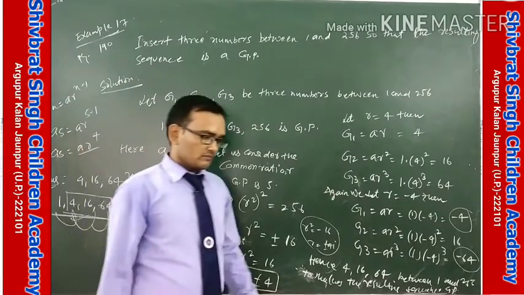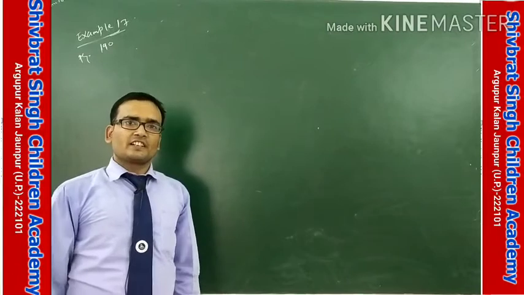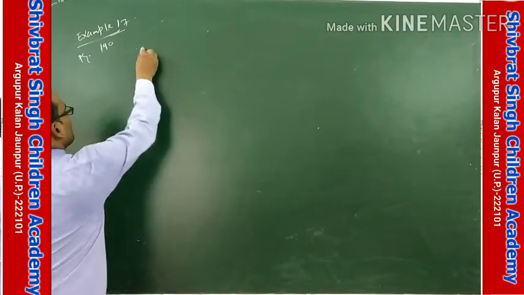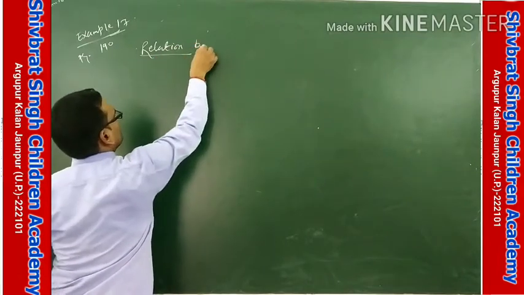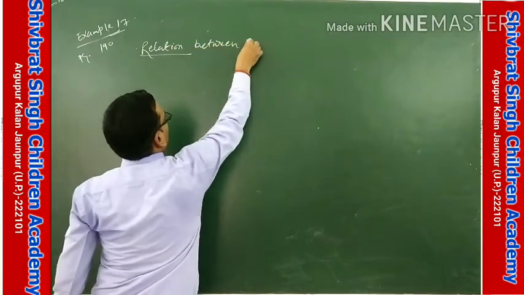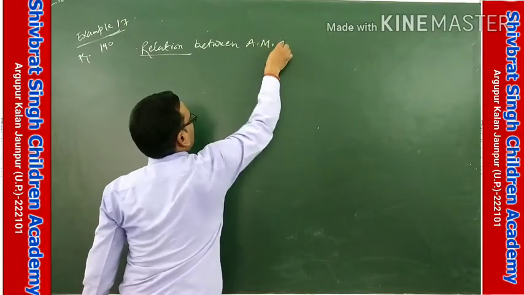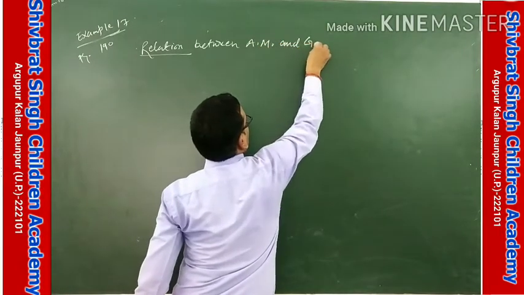Now we find the relationship between AM, that means arithmetic mean, and GM.